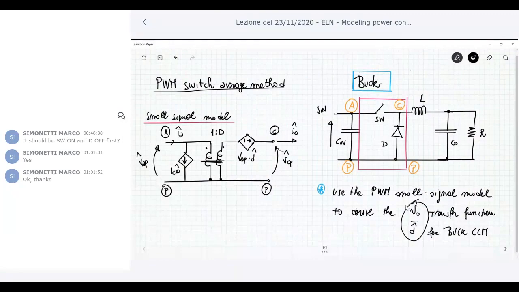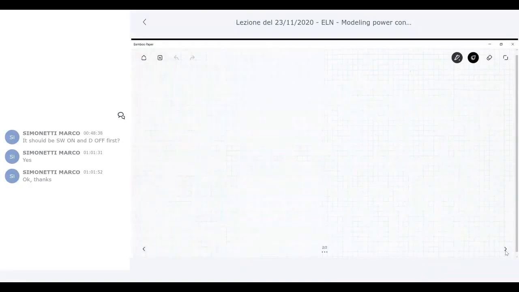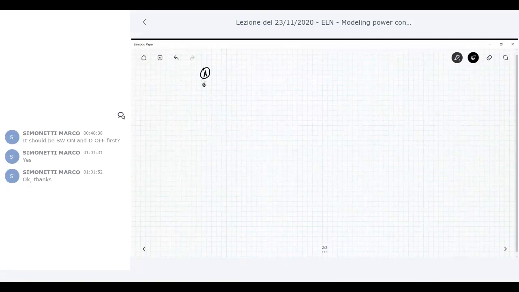Okay, so what is our first step? To extract the switch network from the circuit and to replace it with the model we previously derived. So let's take this operation. At the active node, we have the current controlled current source.